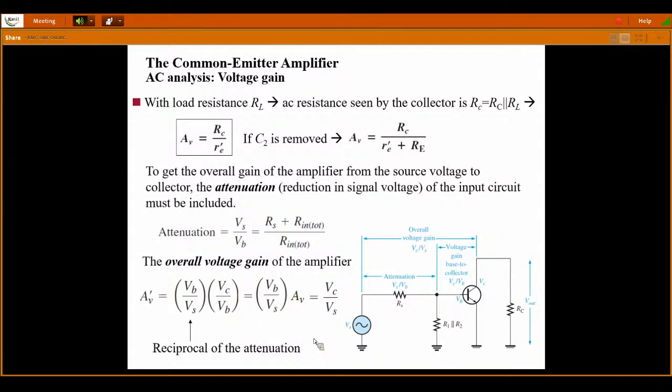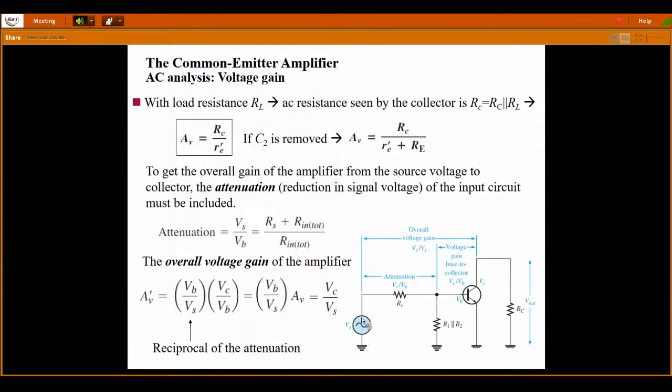This is the voltage gain if I consider the signal source, so the overall voltage gain of the amplifier, AV dash, the ratio of output to input. In the last slide we considered the base voltage as the effective input voltage of the transistor. Now for the overall voltage gain, I have to consider the series resistance of the source RS, hence VS is also considered.